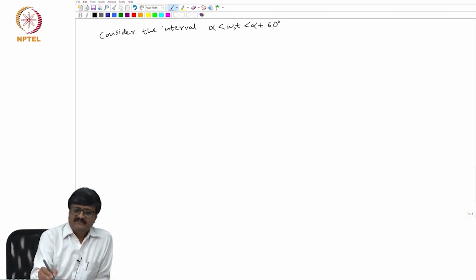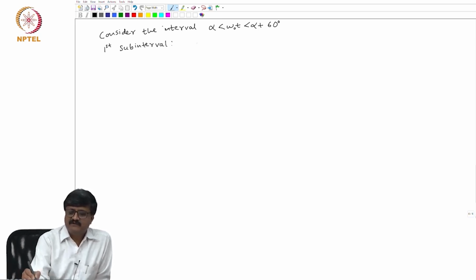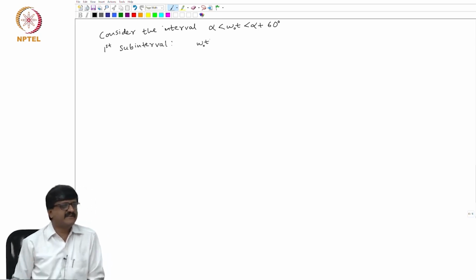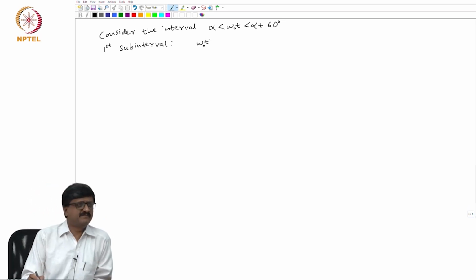Again this interval has two sub intervals. There is a first sub interval and a second sub interval. So, what is the first subinterval? What is the range of omega t in the first subinterval?